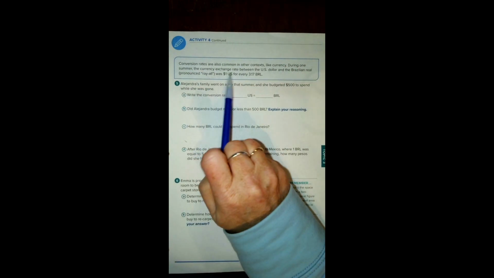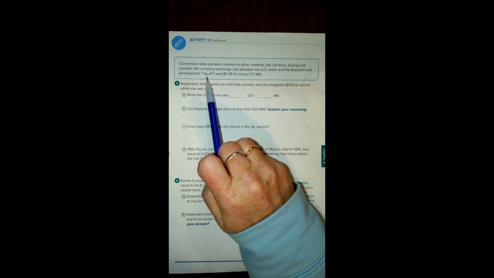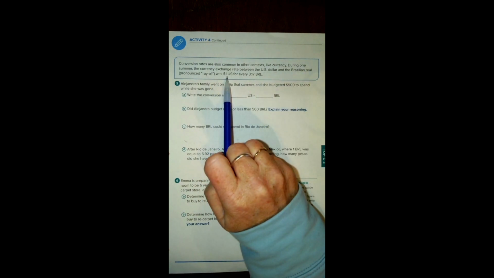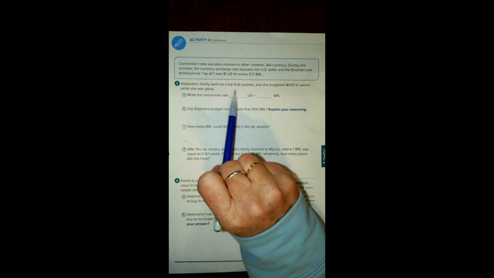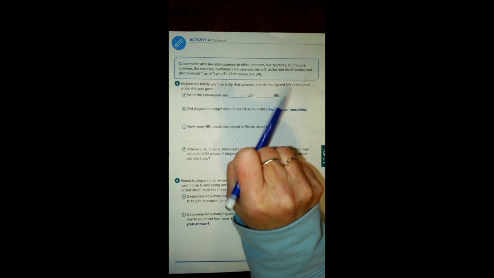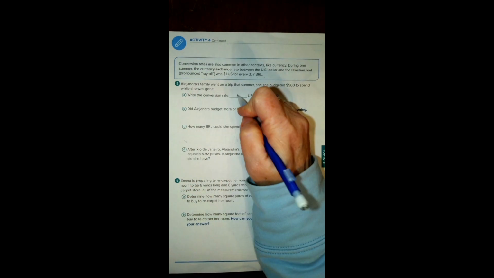During one summer, the currency exchange rate between the US dollar and the Brazilian real was $1 for every 3.17 Brazilian reals. Alejandra's family went on a trip that summer, and she budgeted $500 to spend while she was gone. So we have $1 US for every 3.17 Brazilian reals.